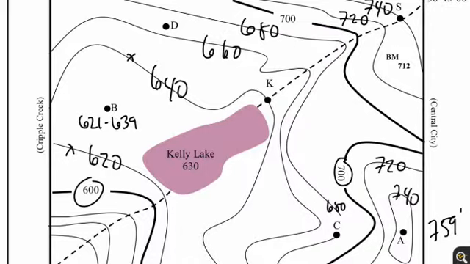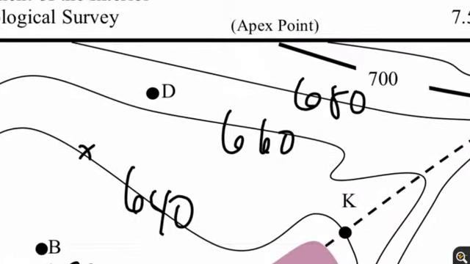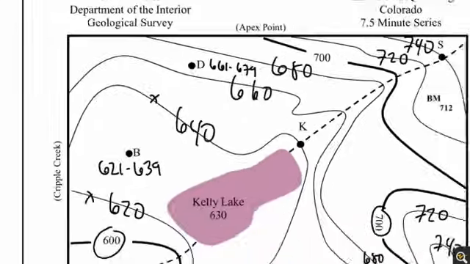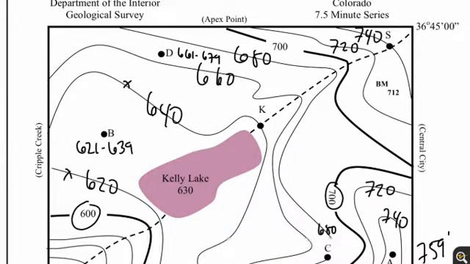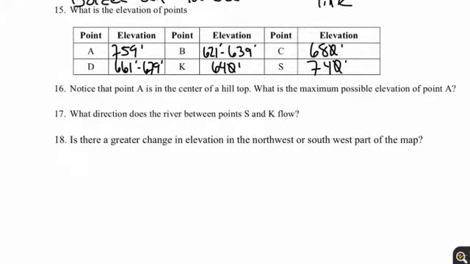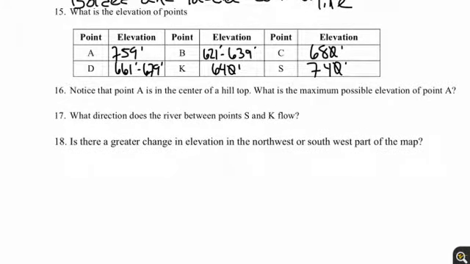Next, if we take a look at point D, it's another range, and that's going to be 661 to 679. Point K is right on a line. It's 640. And point S is right on a line, it's 740. That should take care of all the points. Here are the answers right here, including the ranges.